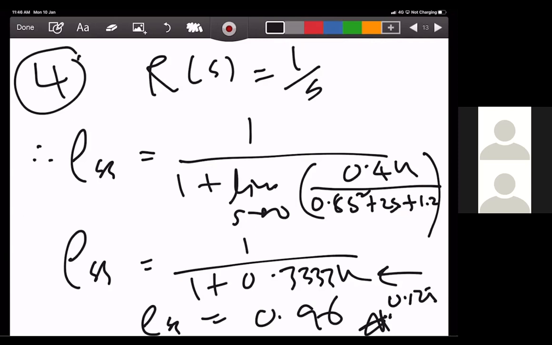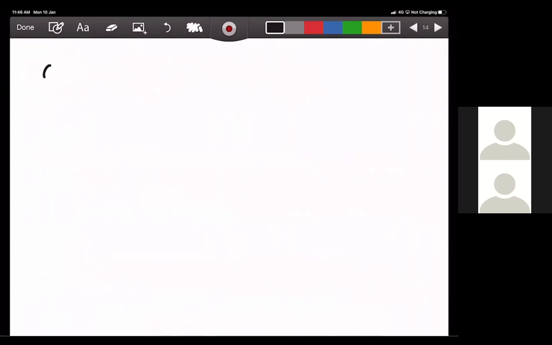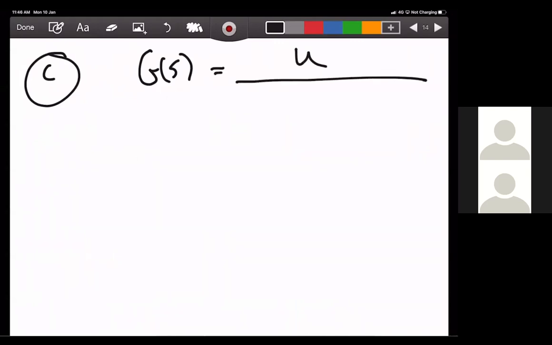Part C. Okay, so part C, we have an open loop transfer function G(s). So we have to discuss the stability. So for part C, K over S square plus 2S plus 2 S plus 3.